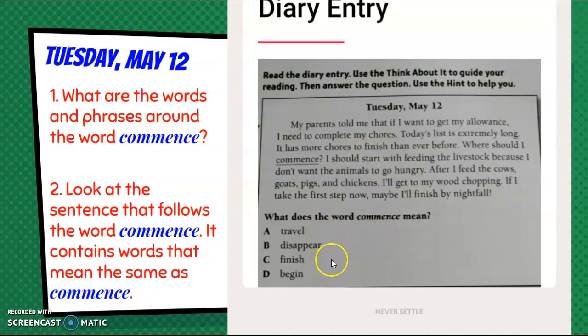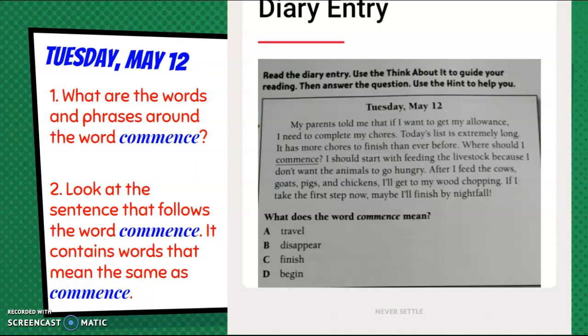So when I look at my answer choices here, I know it's not going to be where should I travel, because me traveling doesn't fit in the context of what I've just read. I'm talking about chores and how the list is longer than ever before, and I want to get my allowance. So traveling has nothing to do with the context of what I'm reading. Disappear. Where should I disappear?